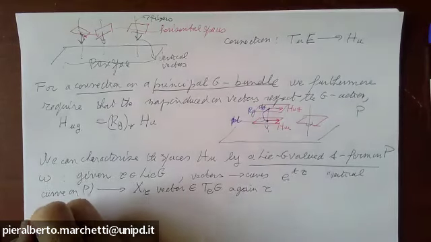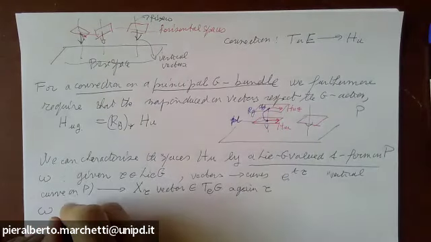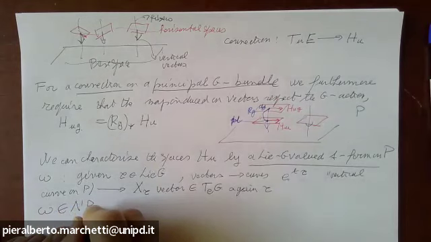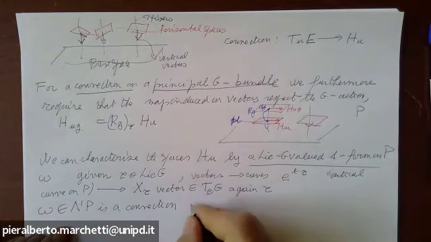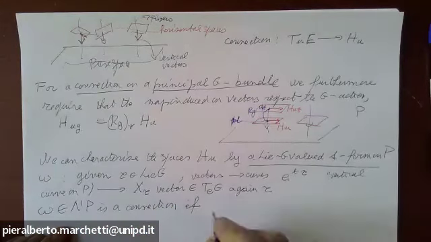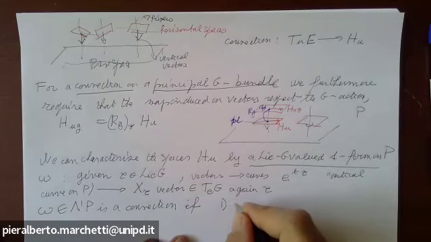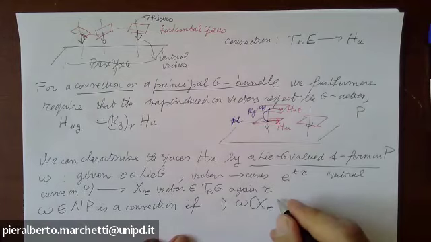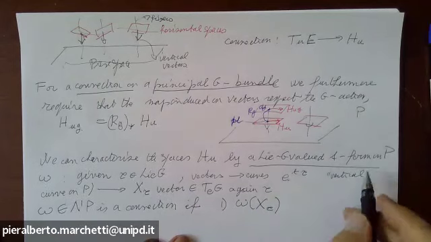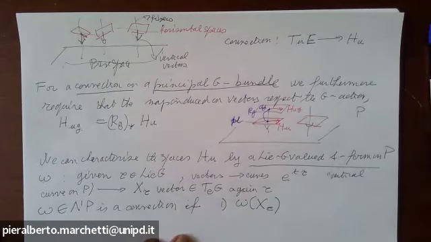So now omega, which belongs to Lambda 1 of P, so it is a one-form, is a connection if the following properties hold. One, you apply omega, a one-form, to a vector which belongs to the tangent space, in particular to the vector that we constructed according to this curve.